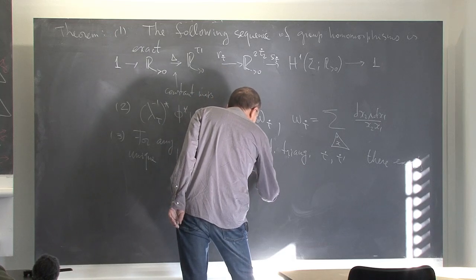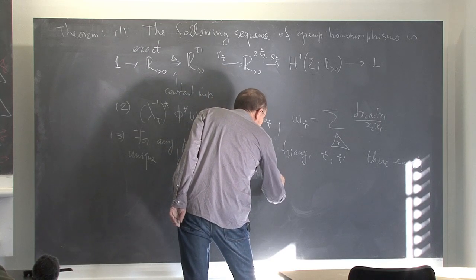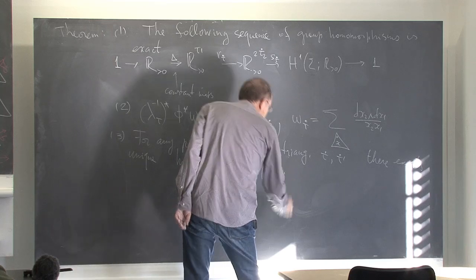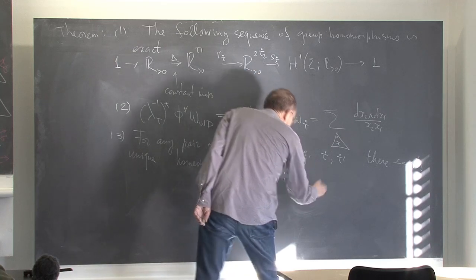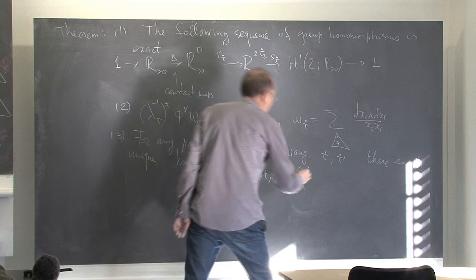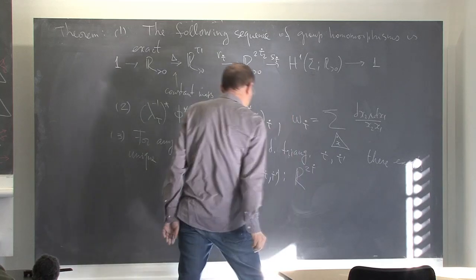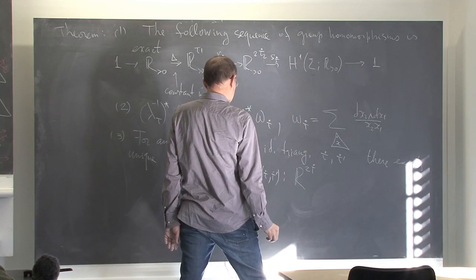Homeomorphisms f of tau dot prime, which relate the spaces R positive 2 tau dot to R positive 2 tau dot prime.